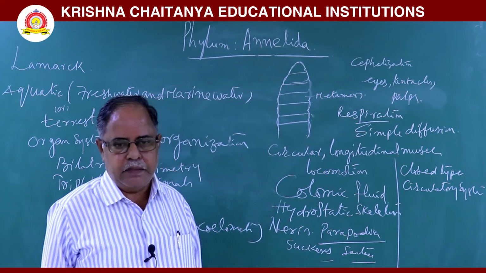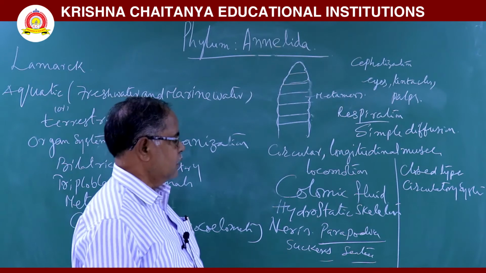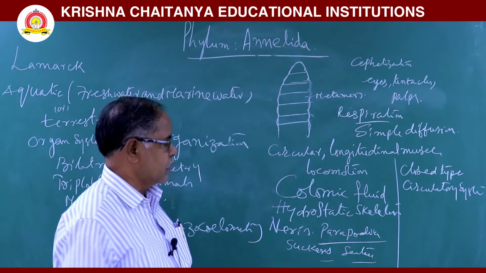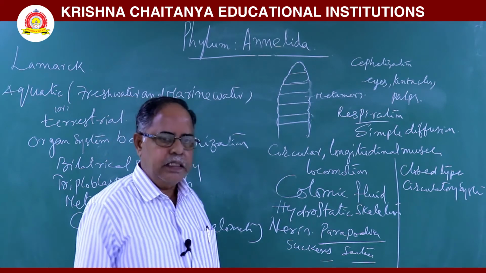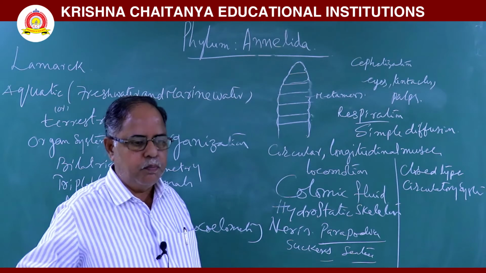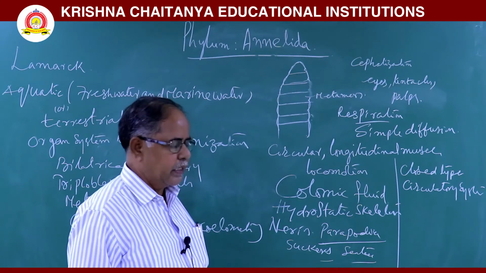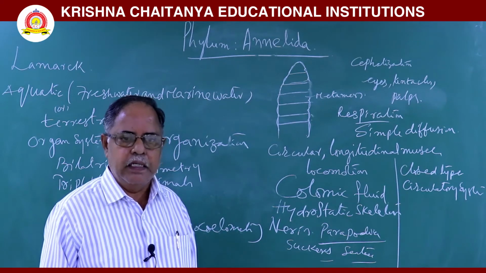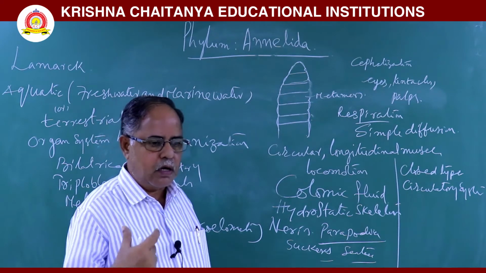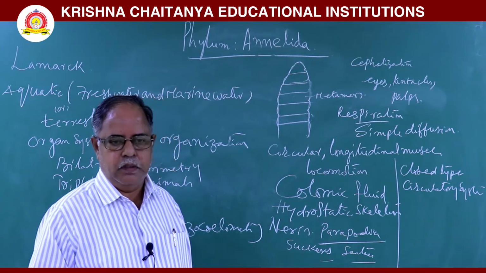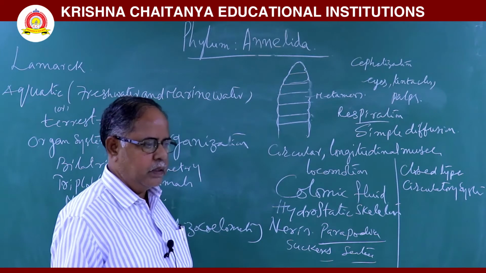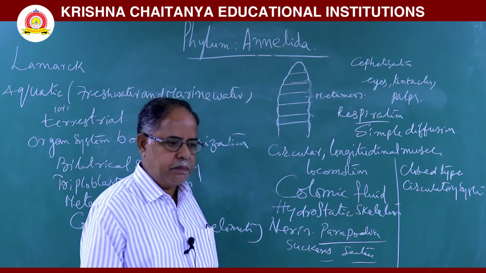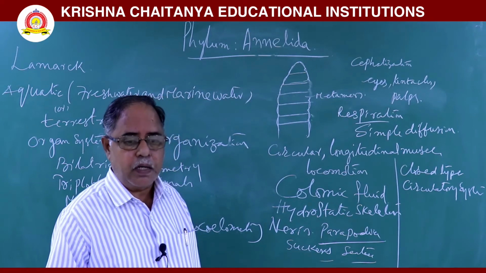Next, the respiratory pigment hemoglobin is present. This hemoglobin acts as a respiratory pigment and is dissolved in the plasma.